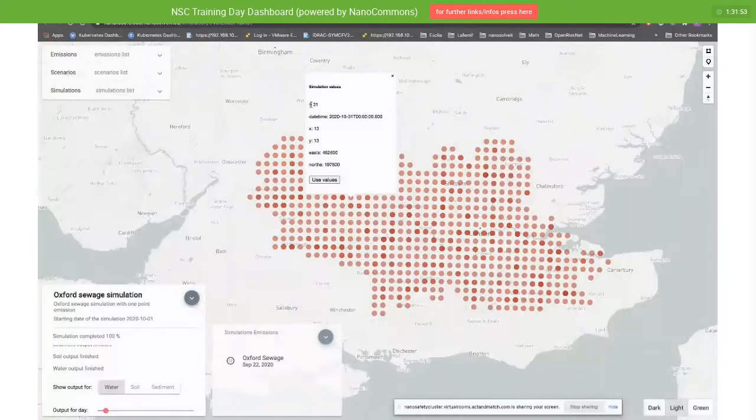I see the time, which is the 31st day, a date time, some features that depend upon the output, and then I have all the values that I need in order to get further understanding about the simulation that we have created.